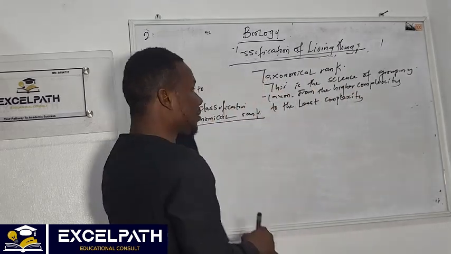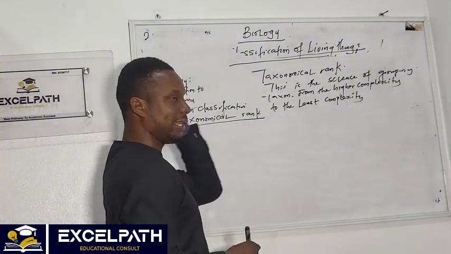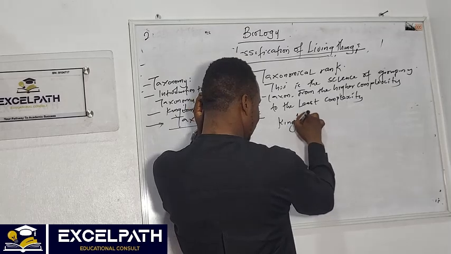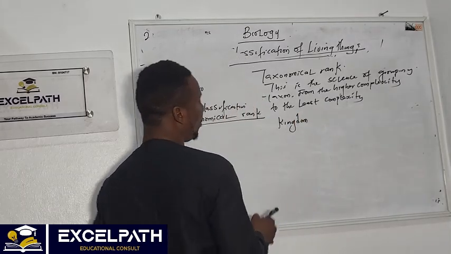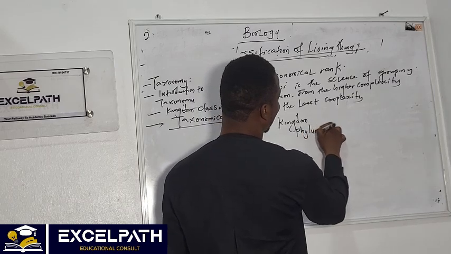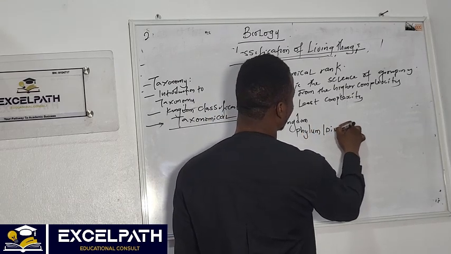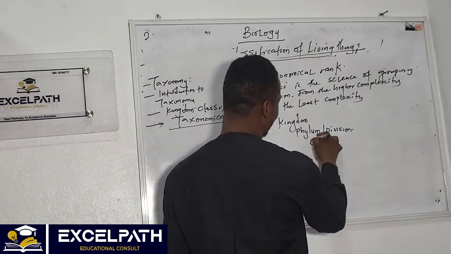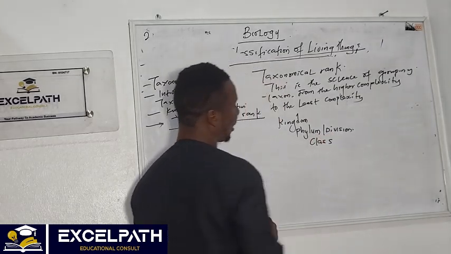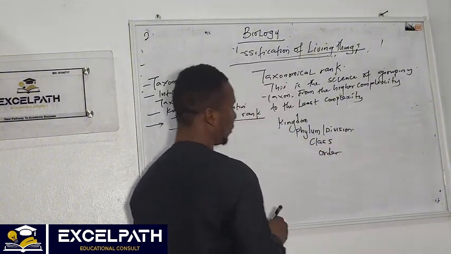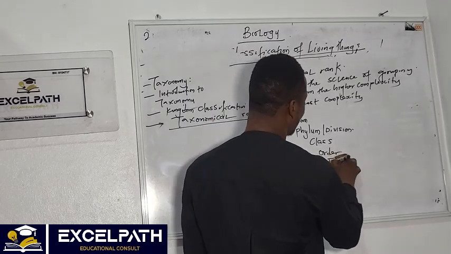Now, the highest rank in taxonomical rank is the kingdom. A kingdom splits into the phylum or division. Division splits into class. From the class, we have the order. The order splits into family.